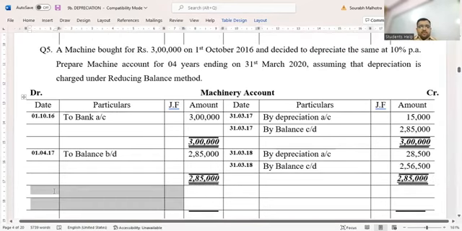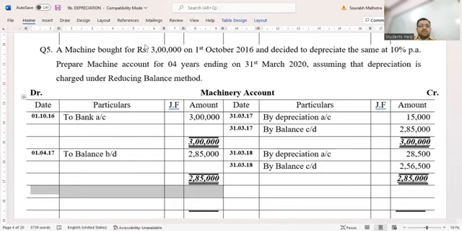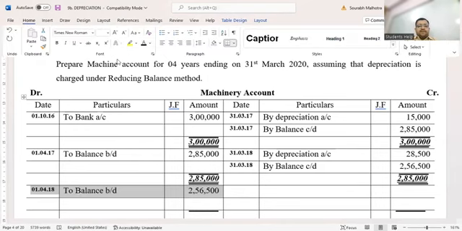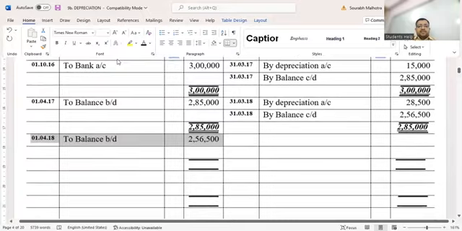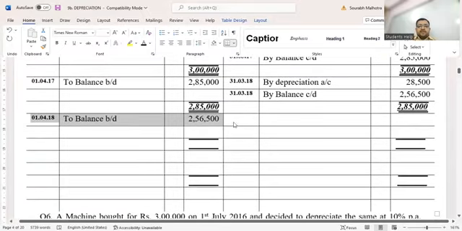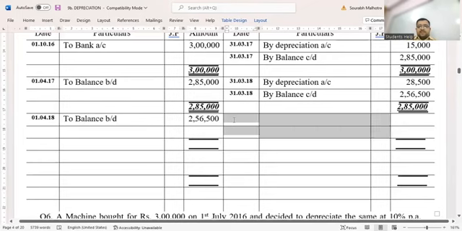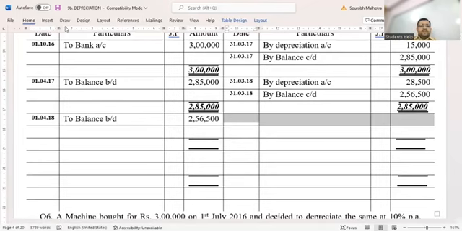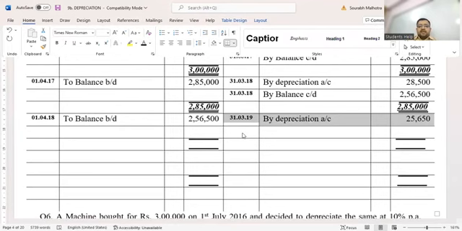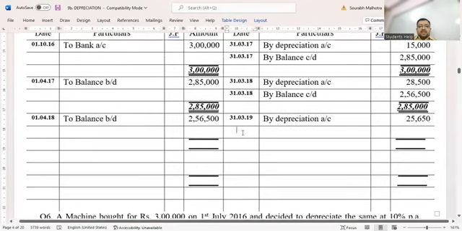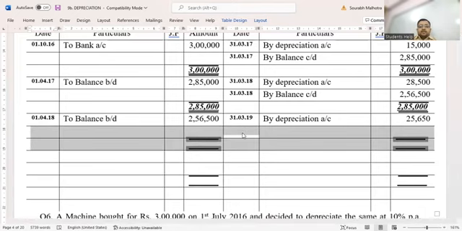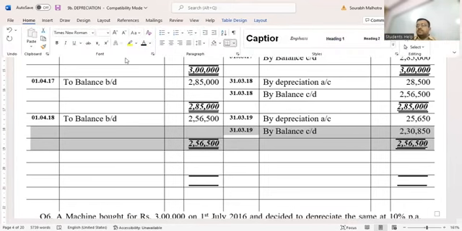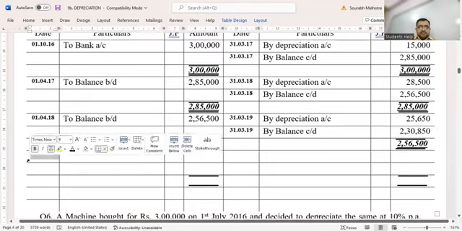And now, children, we'll be calculating depreciation on 3 lakhs, on 2,85,000, or on 2,56,500? 2,56,500. What is 10% of 2,56,500? 25,650. Which side again is short? Credit side. So 2,56,500 minus 25,650 is how much, children? 2,30,850. The same would be the brought down now.